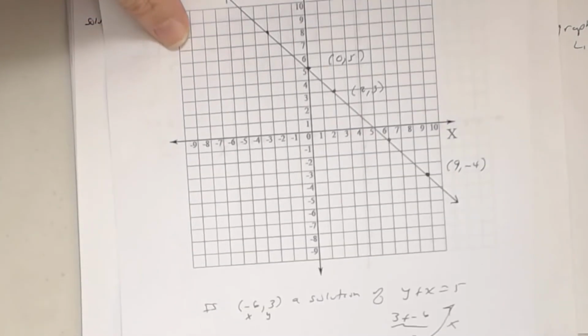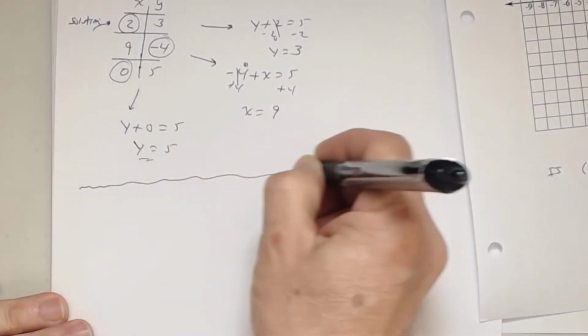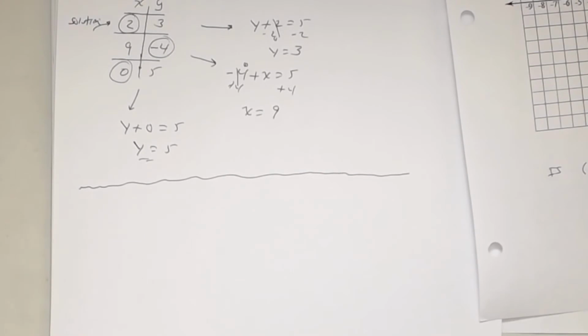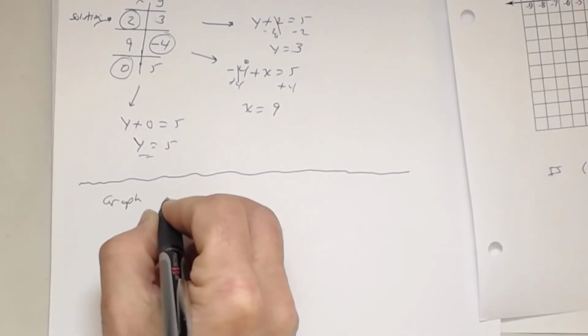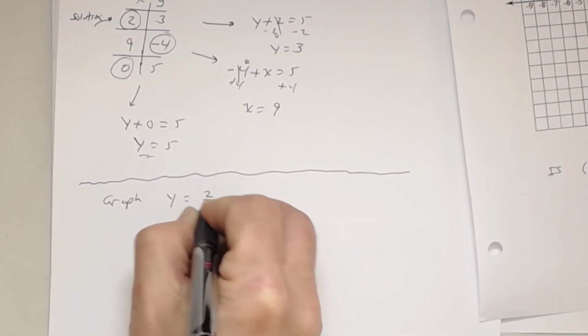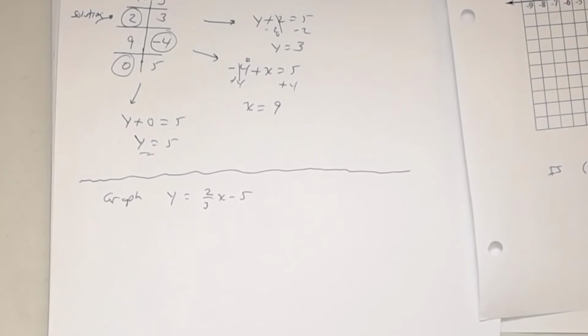Now, the easiest kind of linear equation to graph is when y is already by itself. That's the easiest kind. So notice that in this equation, what kind of equation is this?